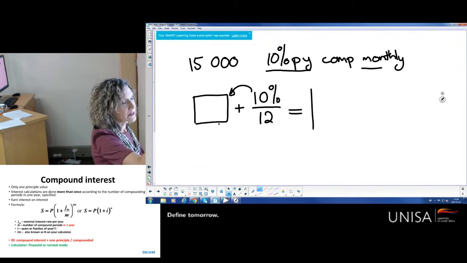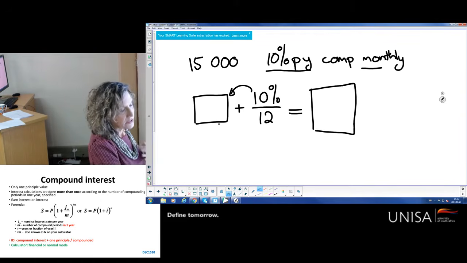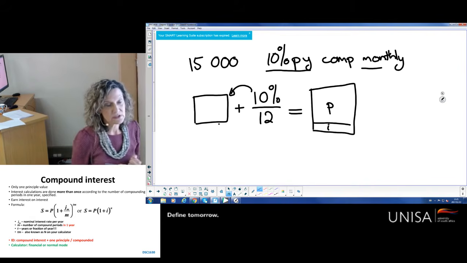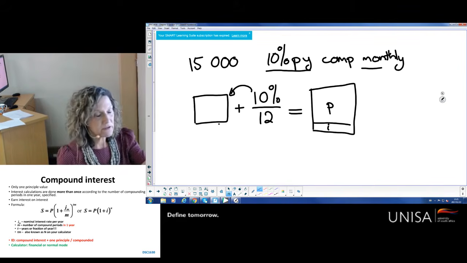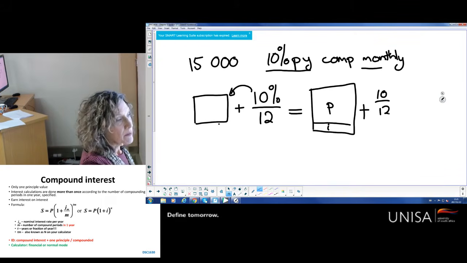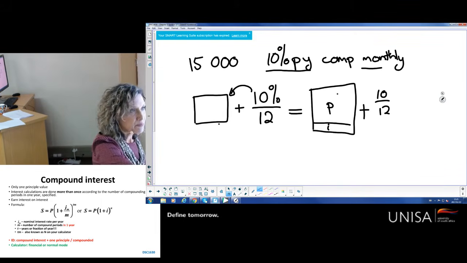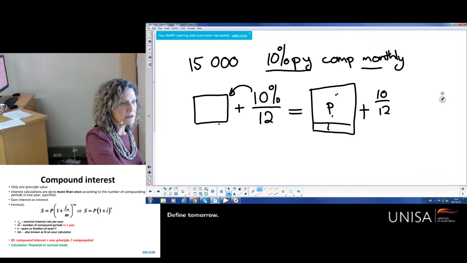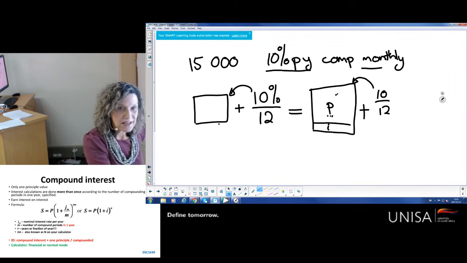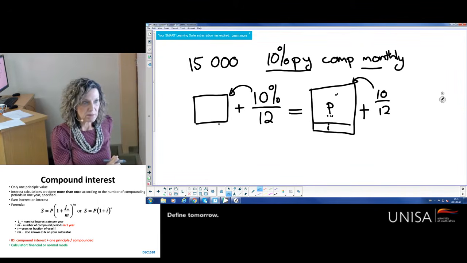So the next month we've got a little bit extra. It's got our principal value plus our interest. Come the end of the next month, interest is again calculated, but can you see the principal value is now a little bit bigger, because this interest is calculated on the principal plus the interest of the previous month.